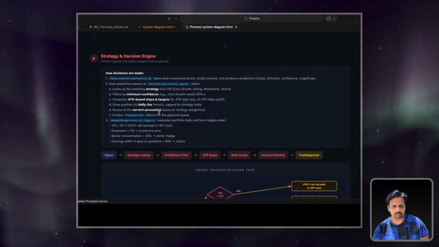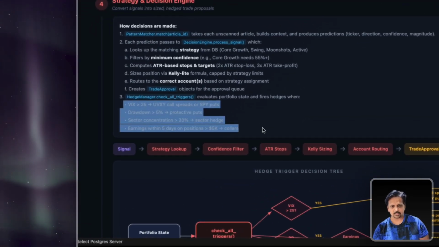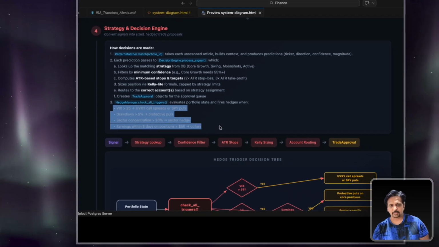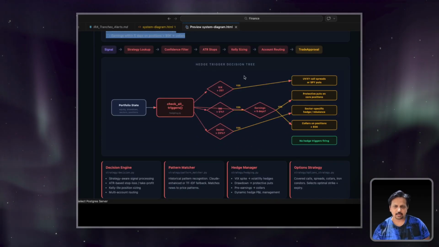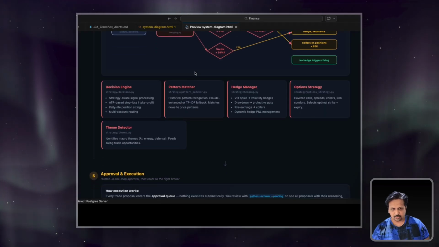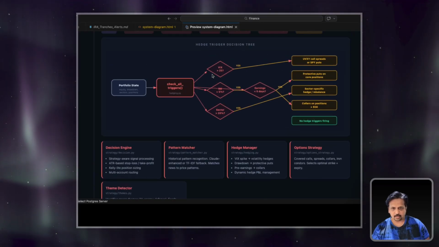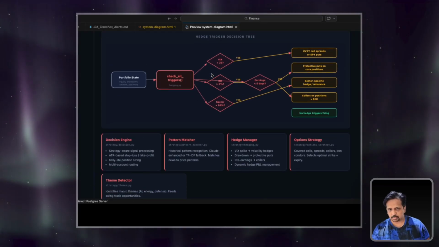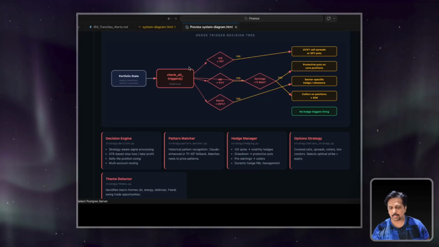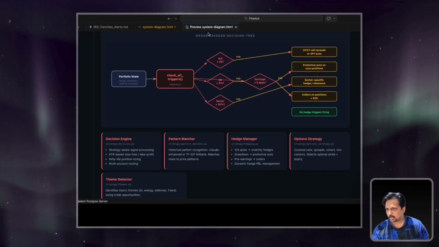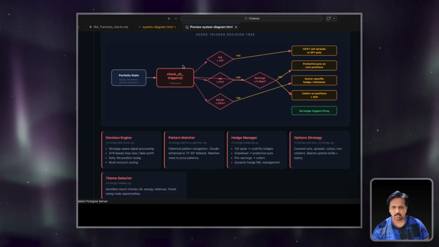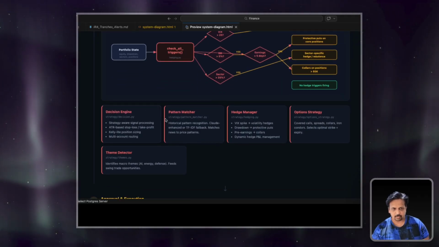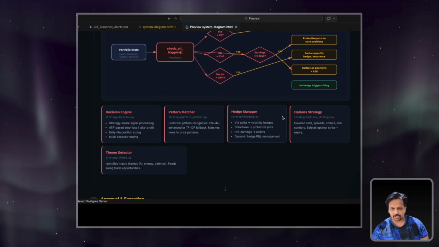And there is also a different set of types of analysis that it evaluates before giving the signal to me. And these are some of the decision trees that are already built in, right? I won't go into too much detail about it. For those who want to learn a little more about why it's been done this way, I would suggest just take a screenshot and ask your ChatGPT or Claude Code, and it'll just give you the complete explanation of what each of these things are doing.